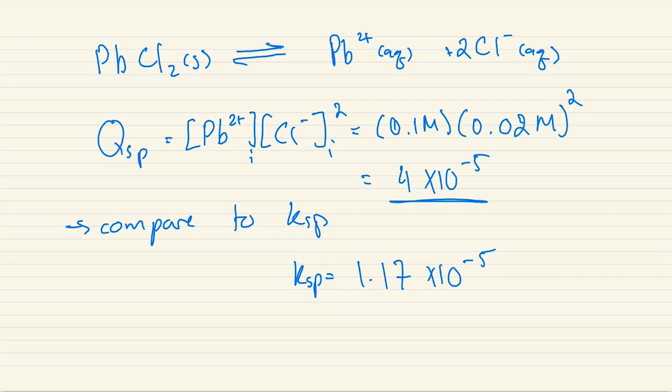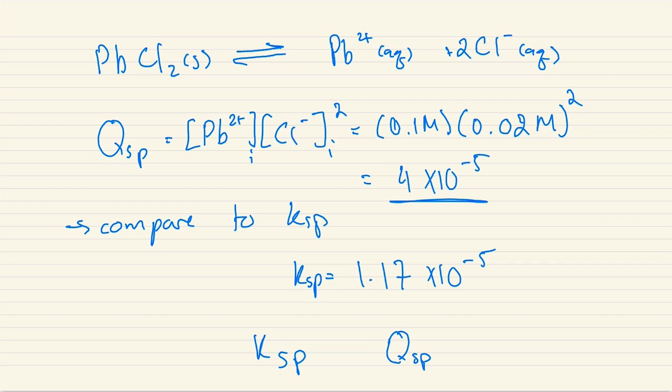So if QSP is larger, again, we can put KSP on the left, QSP on the right, in the direction of the greater than or less than sign, which will tell us which way the reaction is going to move. And we're looking at this reaction right here.